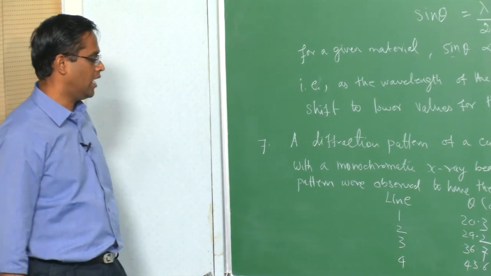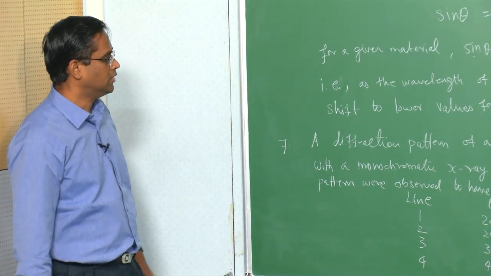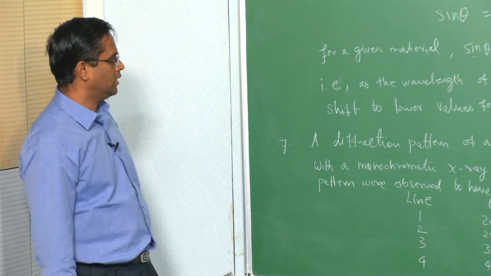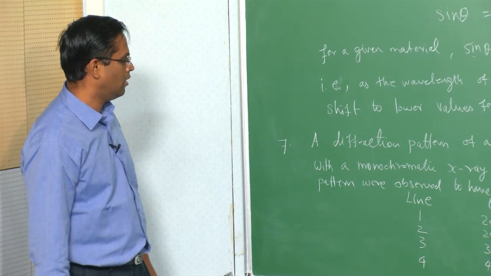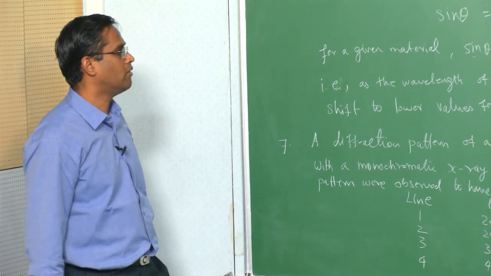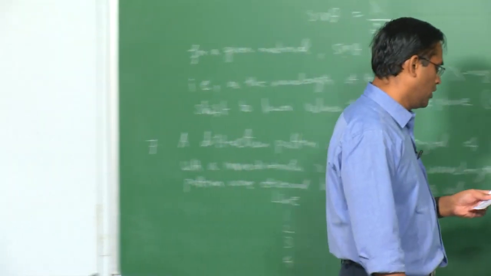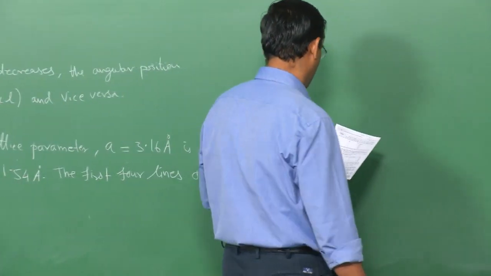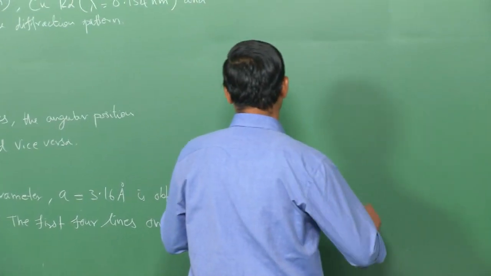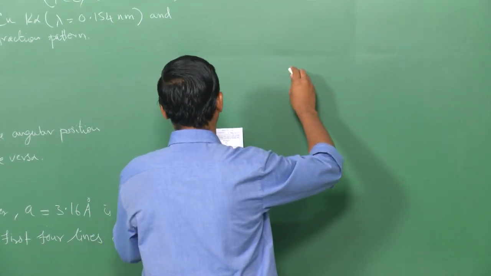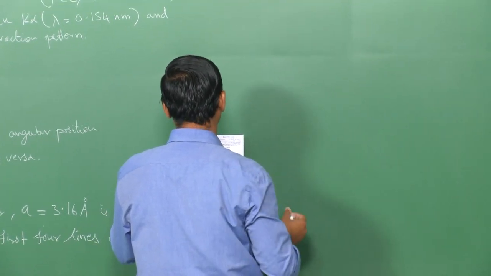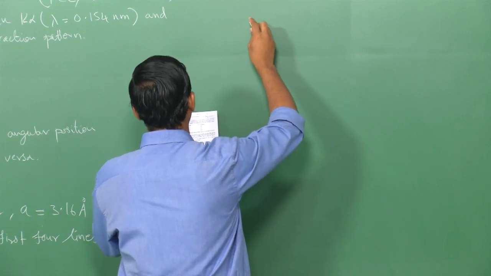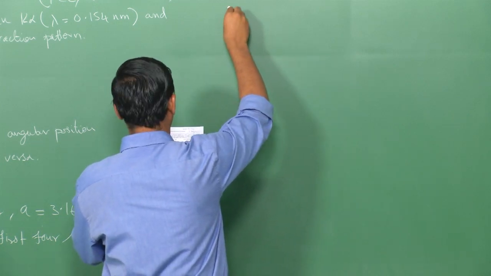You now have experience in handling this kind of problem, similar to what we did in the last tutorial class. How to do that? It is very straightforward. Using the Bragg equation, you write that table. You can tabulate this.